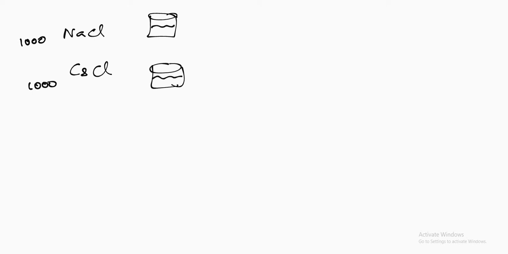Similarly, I am going to dissolve 1000 molecules of cesium chloride in a beaker containing the same amount of water. Both are strong electrolytes. Now the question is, do they show the same conductance or different conductance?